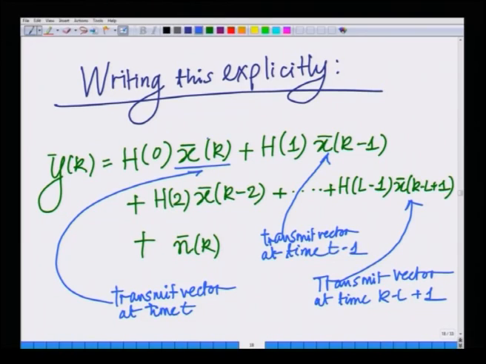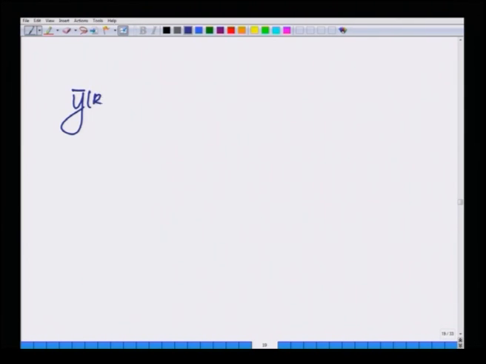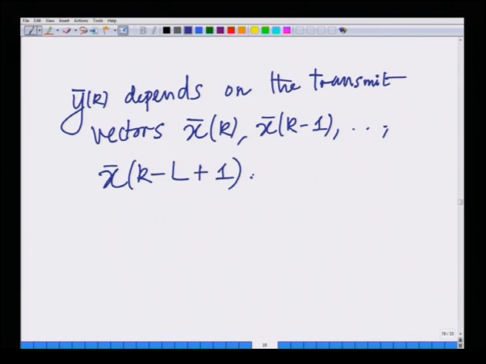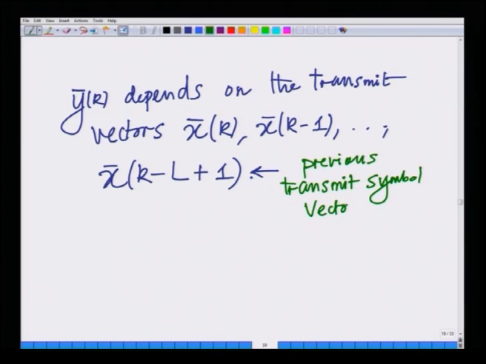So y bar k depends on the transmit vectors x bar k minus 1, so on up to x bar k minus L plus 1, that is, the previous transmit symbol vectors.